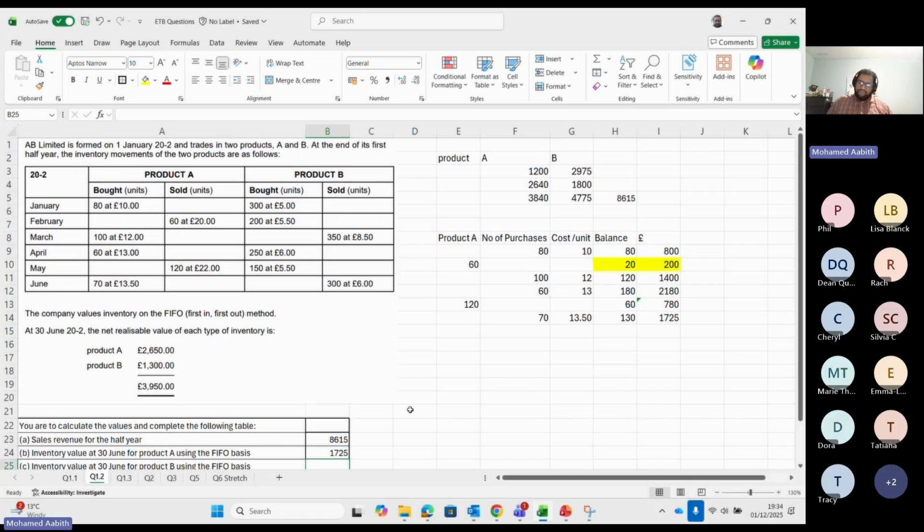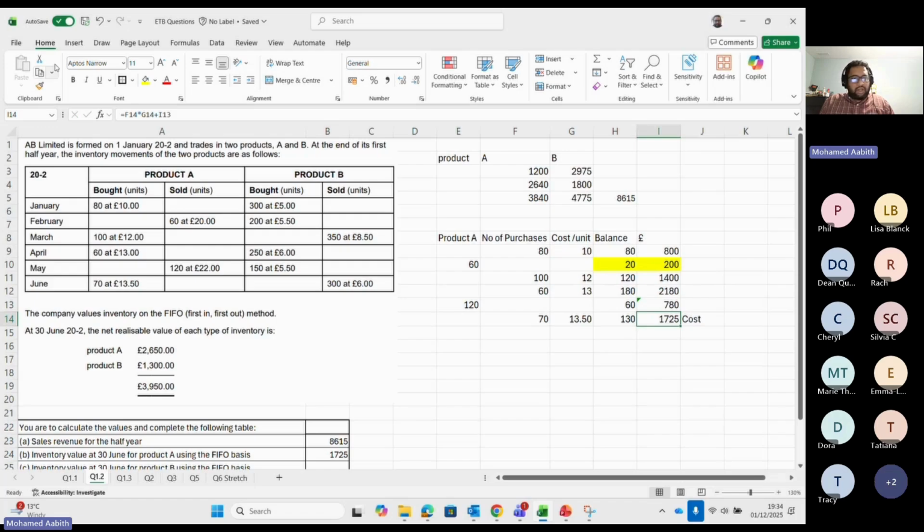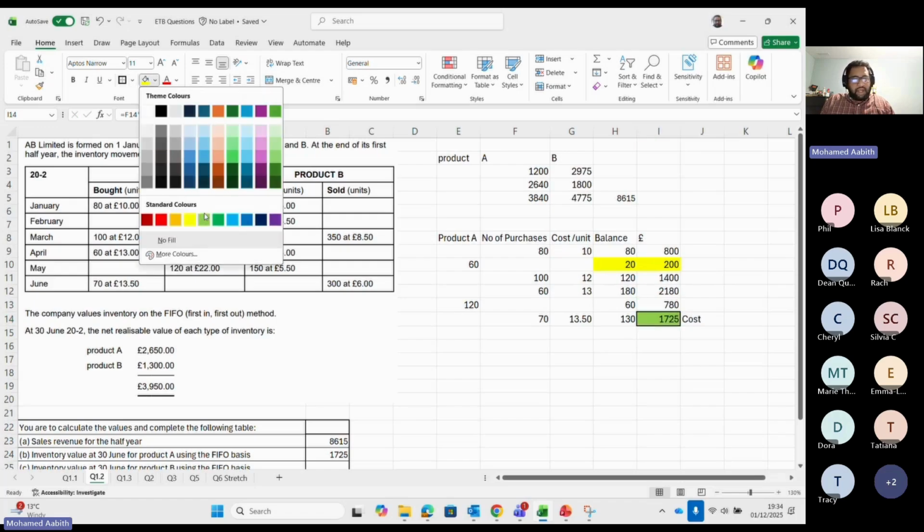But now you may ask this question again. All right, I got that figure now, but can you see here for product A, the net realizable value is £2,650. So here, this number is the cost. Let me highlight it with green.